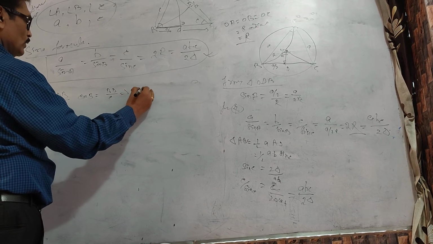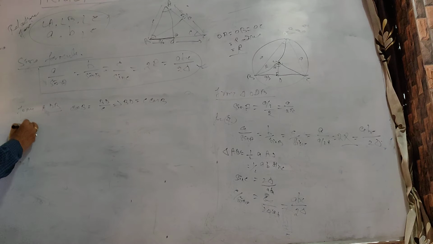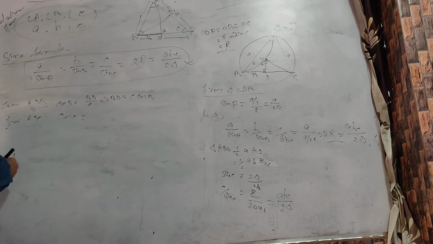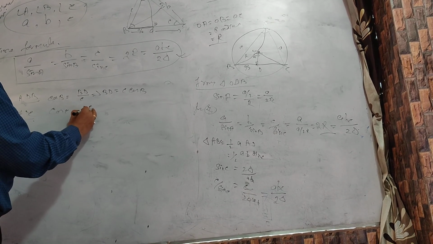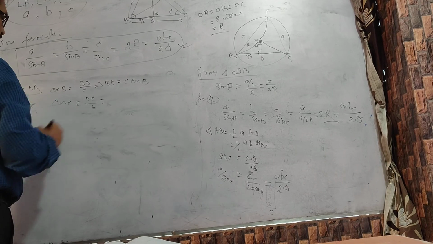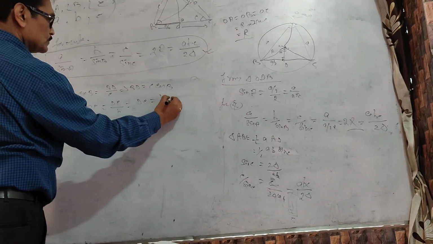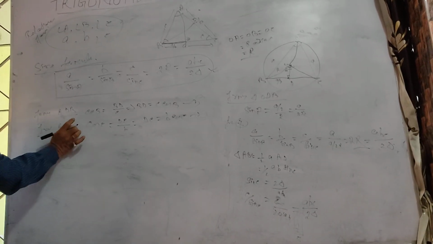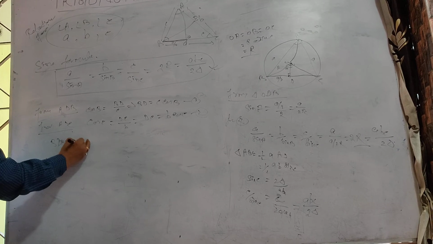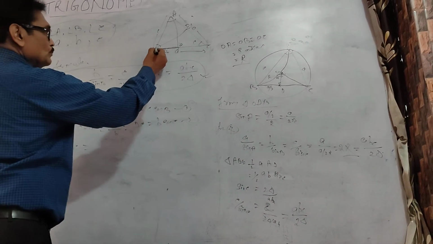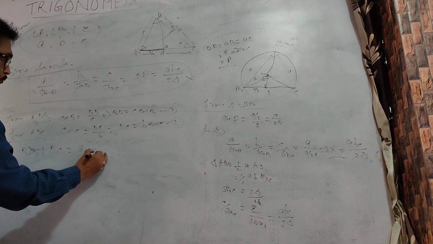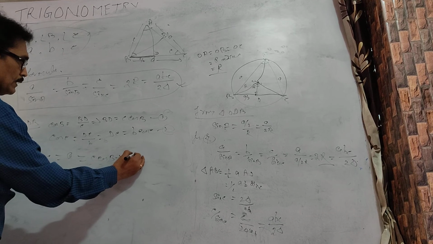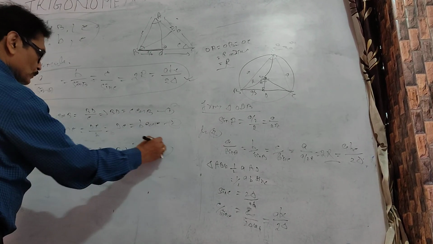So BD equals c cos B. Again from triangle ADC, cos C becomes base upon hypotenuse, so DC is equal to b cos C. On adding 1 and 2, BD plus DC equals a, that is a equals c cos B plus b cos C. So this is the projection formula.